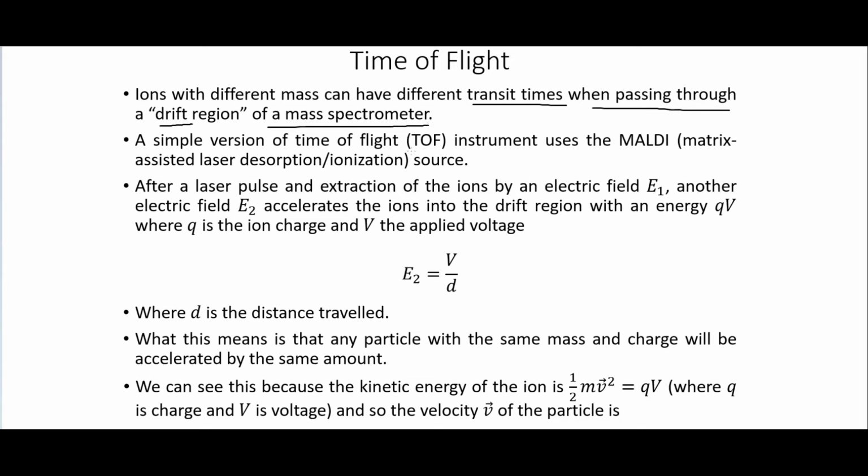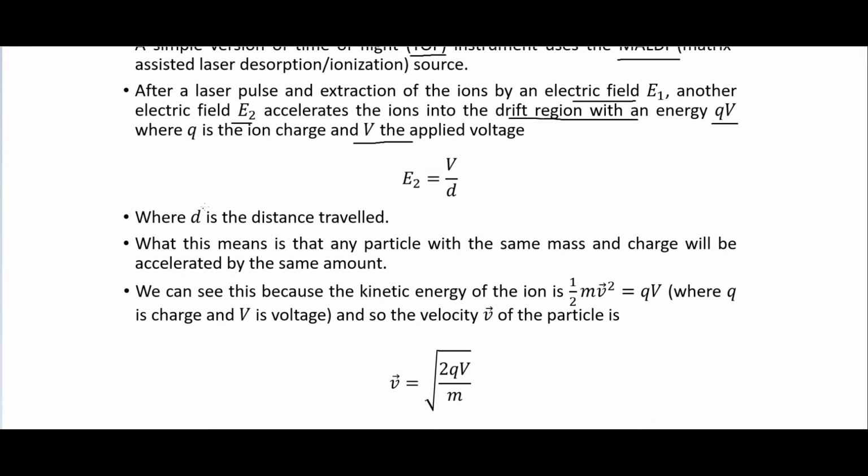This is called, as I said, the time of flight, or TOF instrument. It usually uses MALDI, and after a laser pulse and extraction of the ions by the electric field E1, it gets sent into another electric field, which we'll call E2, which accelerates the ions into the drift region with some energy QV, where Q is the ion charge and V is the applied voltage. And D is going to be our distance traveled right here.